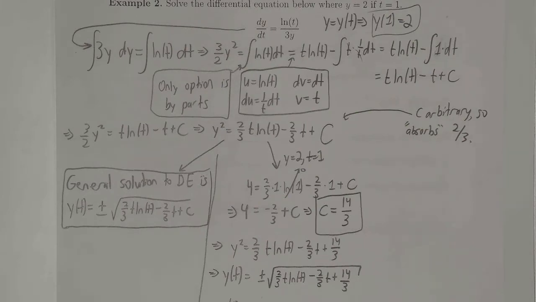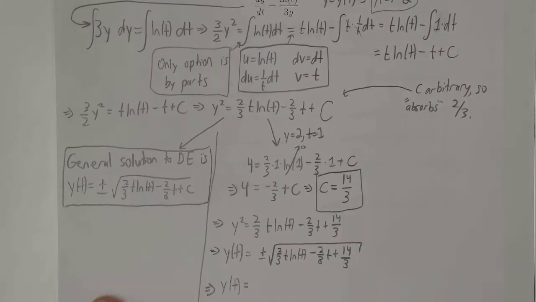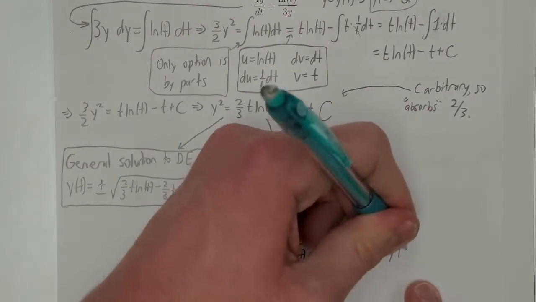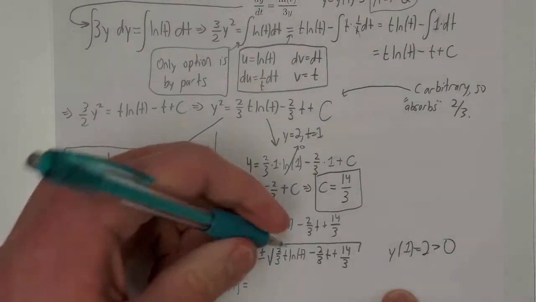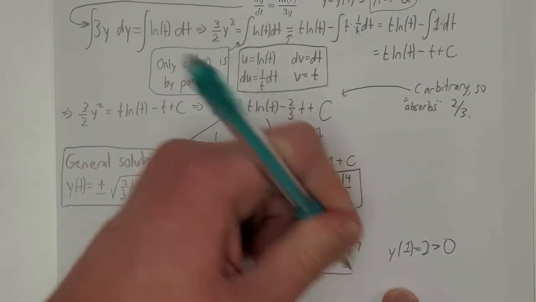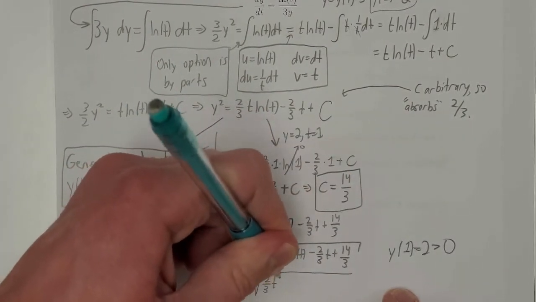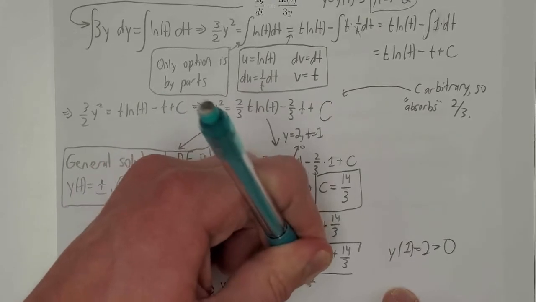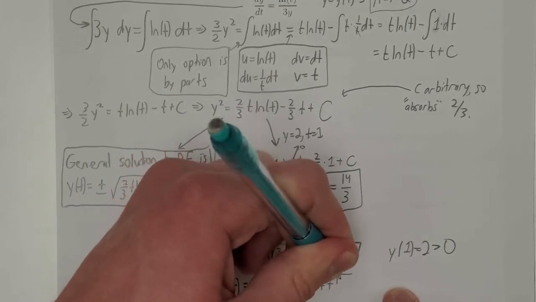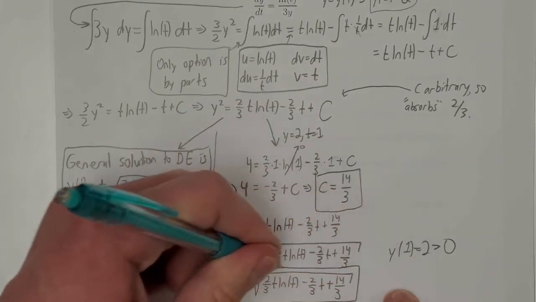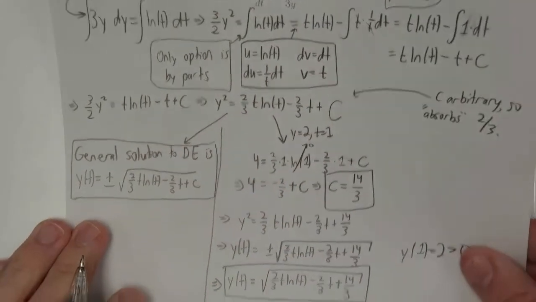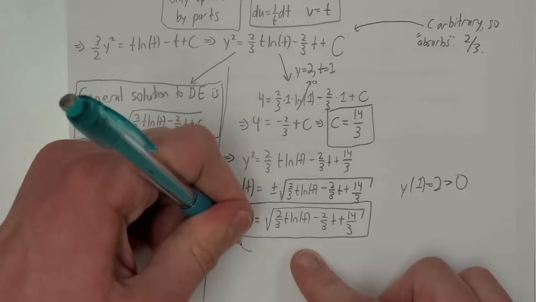The positive one, because y of 1 is equal to 2, which is greater than 0. So y of t should be the positive square root of 2/3 times t times natural log of t minus 2/3 t plus 14 over 3. This would be the particular solution in this case.